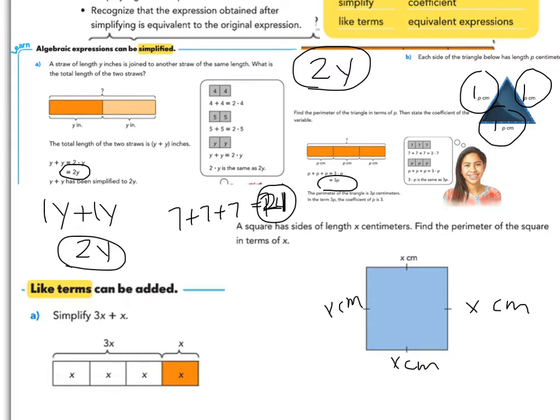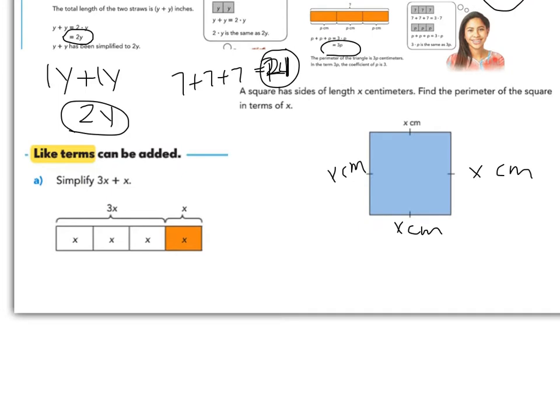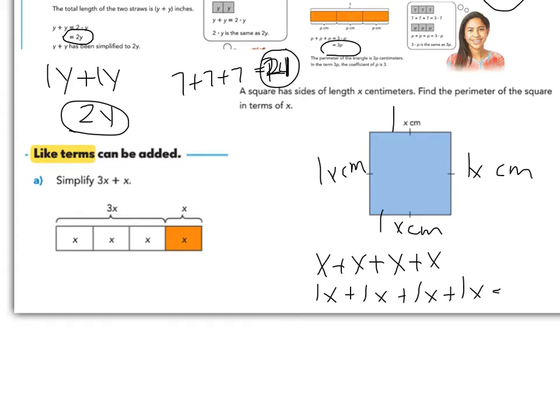How many groups of x centimeters do we have? One group, two groups, three groups, four groups. So x plus x plus x plus x, or 1x plus 1x plus 1x plus 1x, means we have four groups of x centimeters.